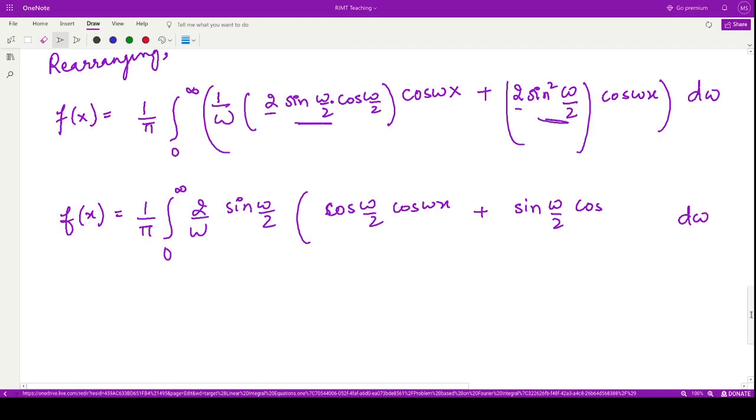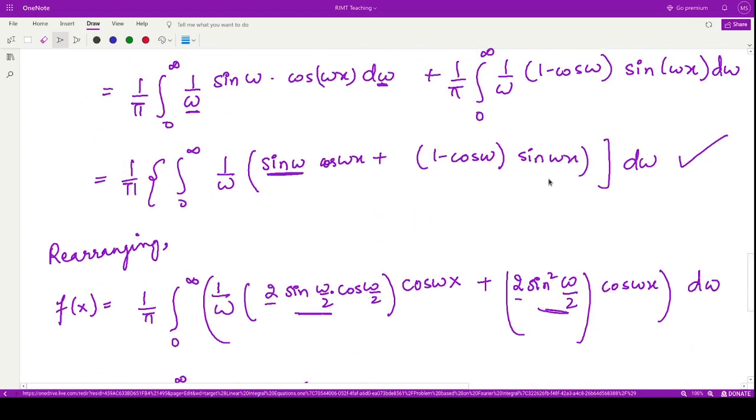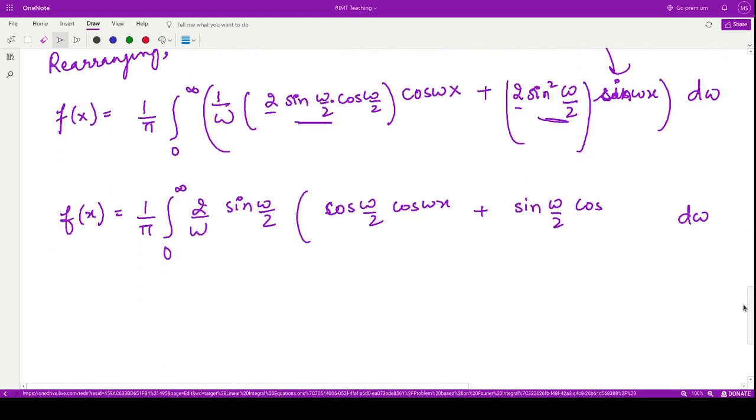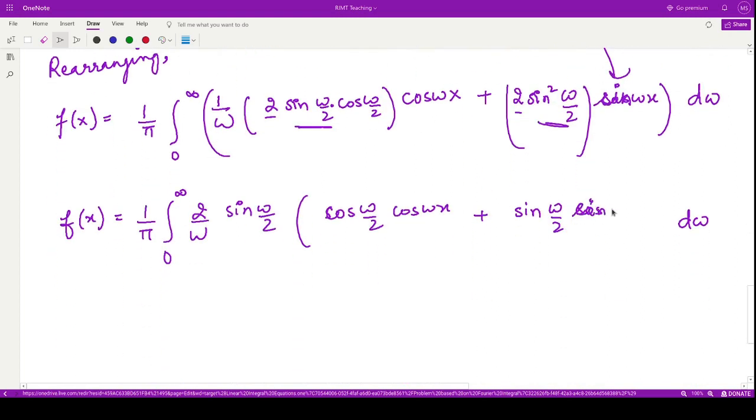I'm sorry, here we should have sine omega x. Okay, so this term is sine omega x.